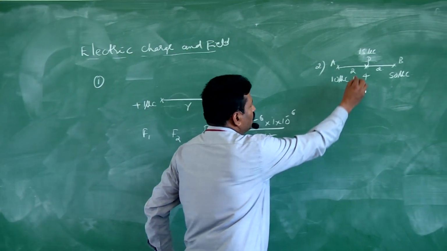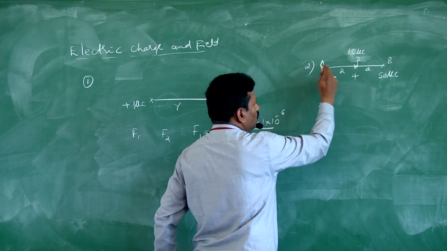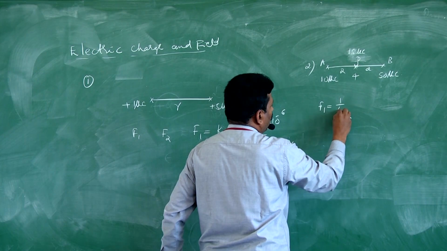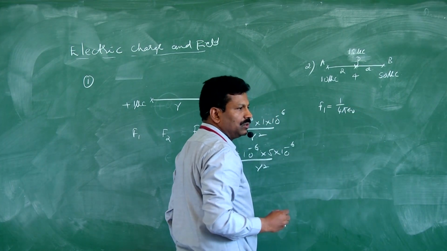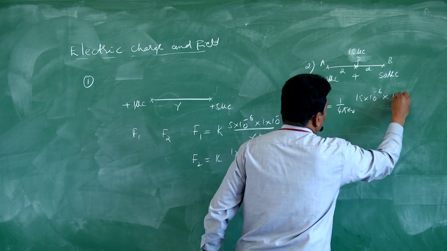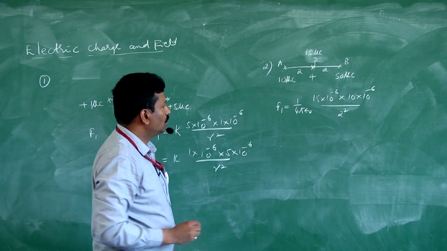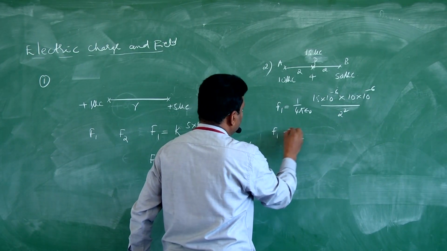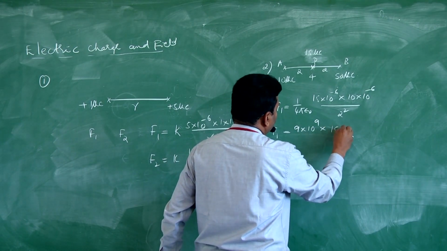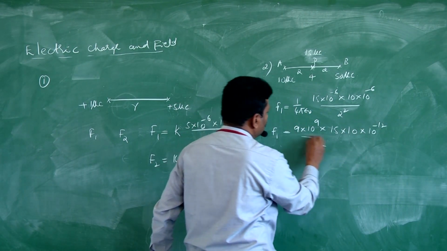Now force on this charge due to this, F1, is basically force on 15 microcoulomb due to 10 microcoulomb. It is 1 by 4 pi epsilon naught, so 9 into 10 to the power 9, times 15 into 10 to the power minus 6 and 10 into 10 to the power minus 6, divided by distance 2 squared. Let me simplify it: 15 into 10 to the power minus 12 by 4.